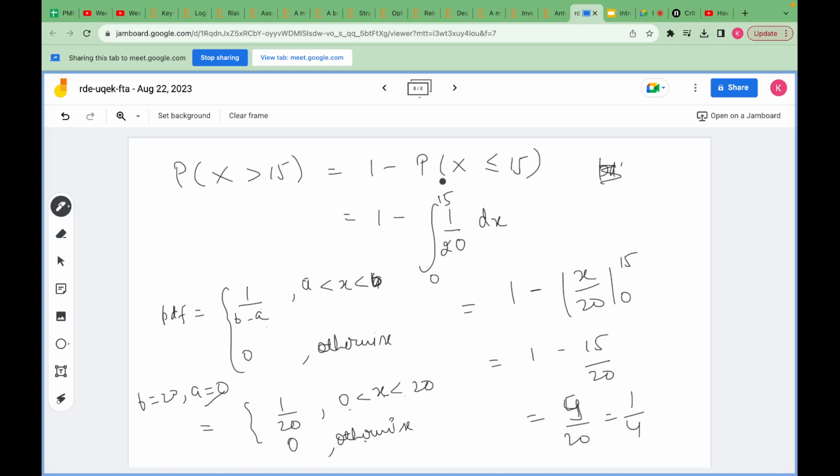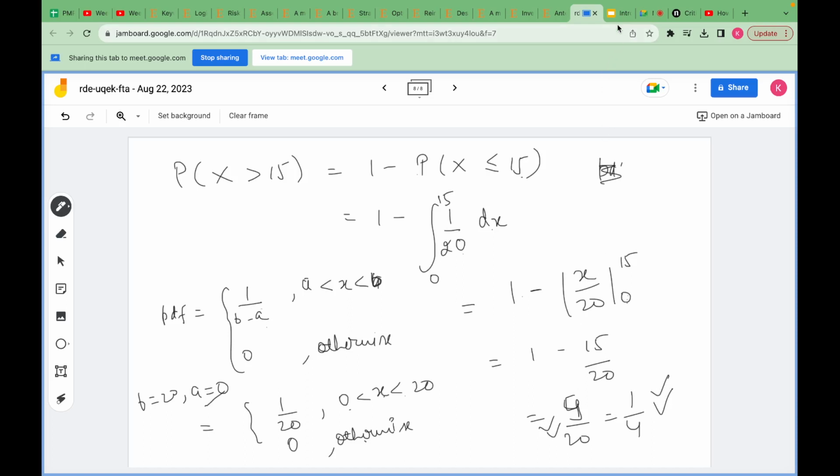So the probability that x is less than or equal to 15 is the integral of 1 by 20 dx, where x ranges from 0 to 15. It is x by 20 with limits from 0 to 15, and this comes out to be 15 by 20, so the required probability is 1 by 4 or 5 by 20.